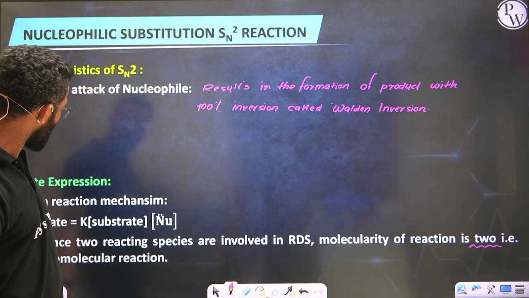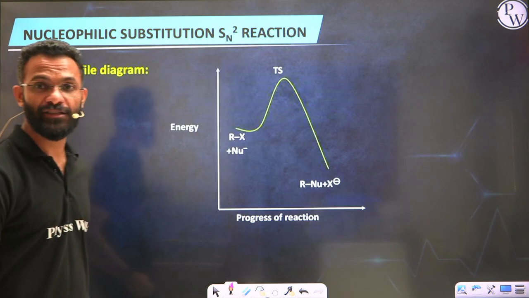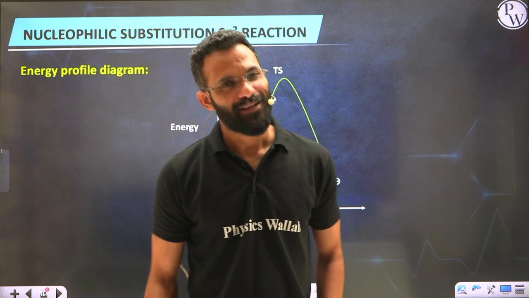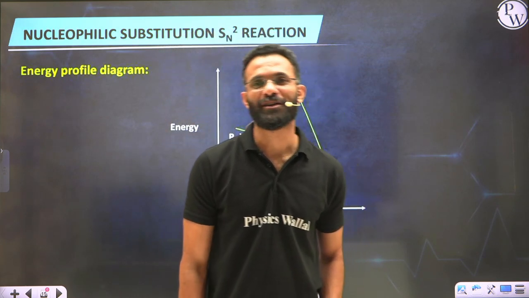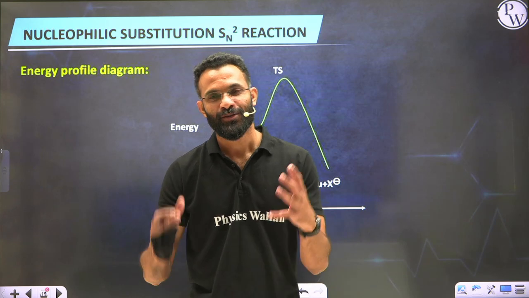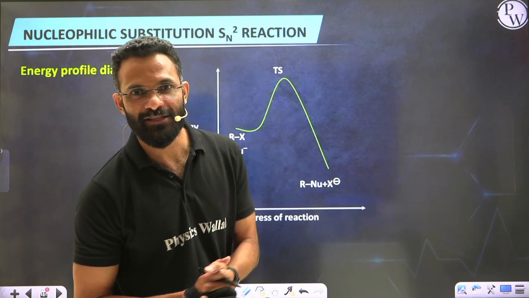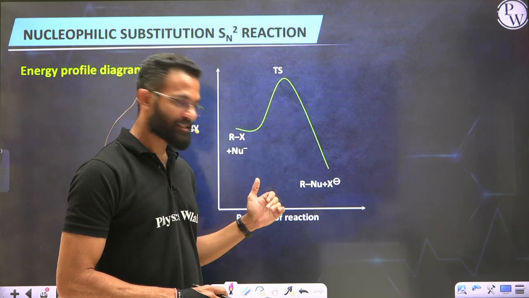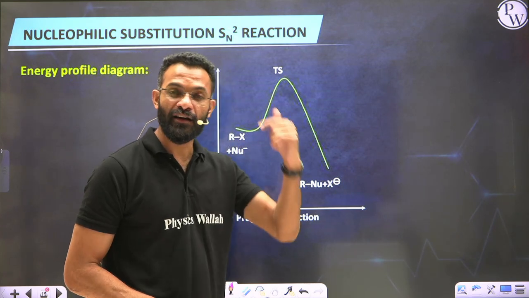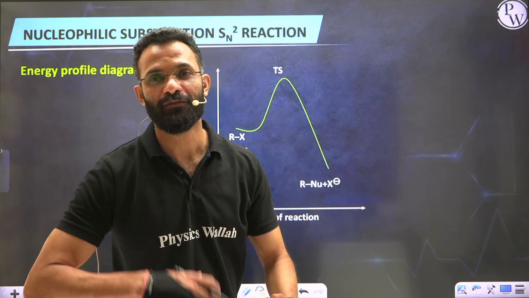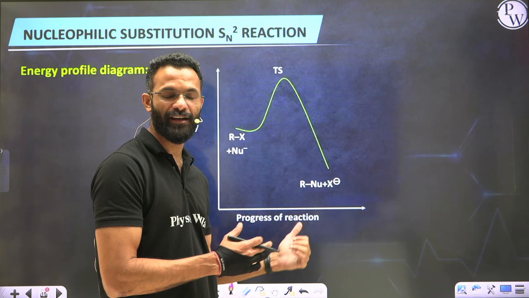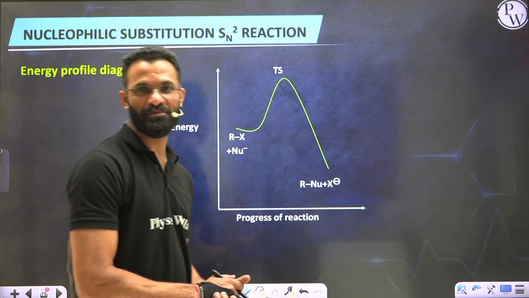That was about the important features of SN2, and now we are talking about the energy profile diagram. Dear students, a few minutes back we talked about what an energy profile diagram is. When we plot the energies of reactants and product along with intermediates against the progress of reaction, we get a curve, which we call the energy profile diagram.